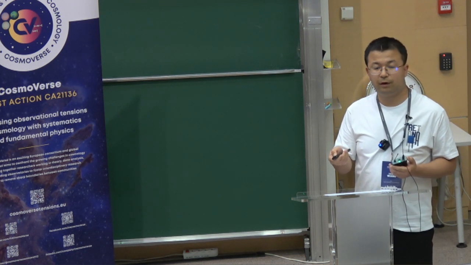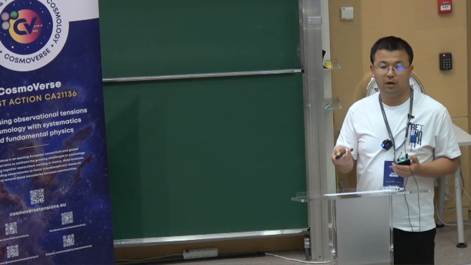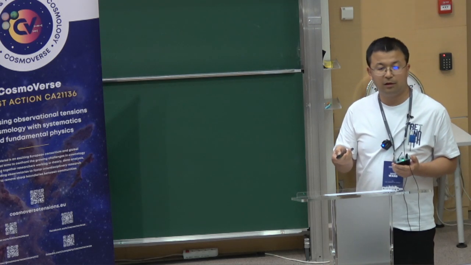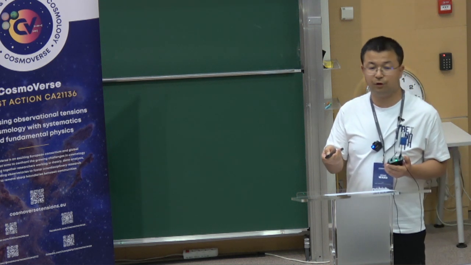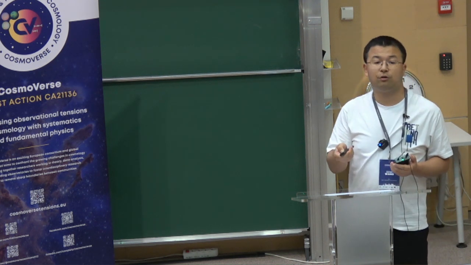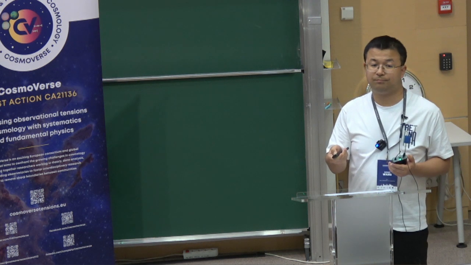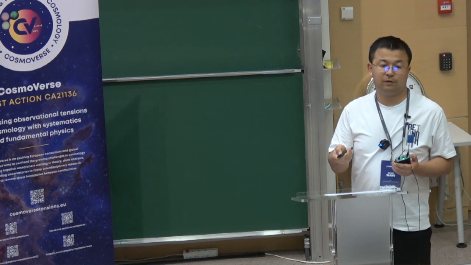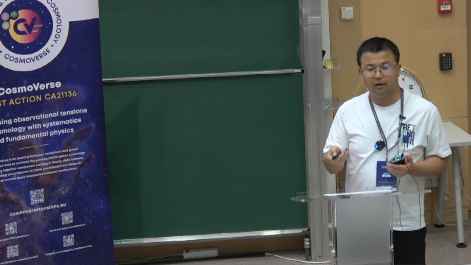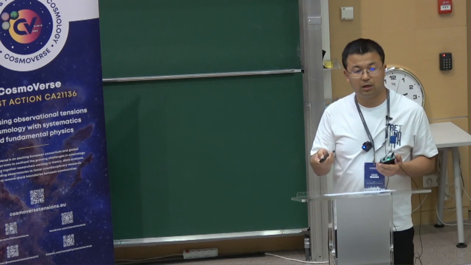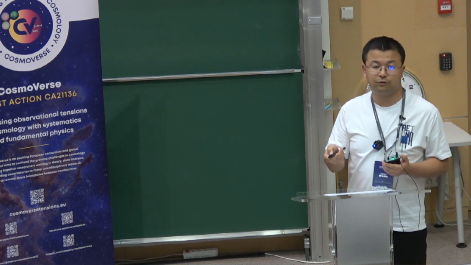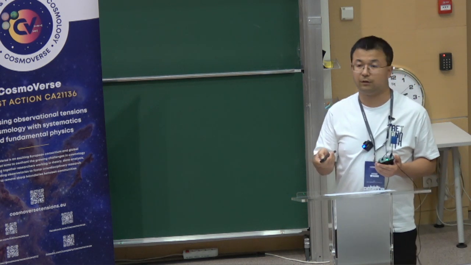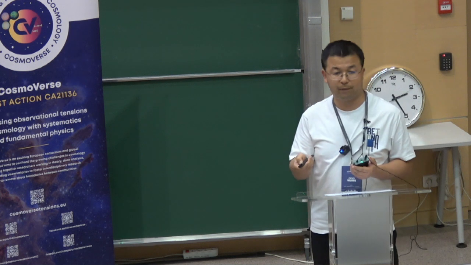And the next one is the pulsar timing arrays. The pulsar timing arrays can also constrain the primordial gravitational waves. But using the recent data, I found the primordial gravitational waves can't act as a single source for the observed stochastic gravitational wave background.